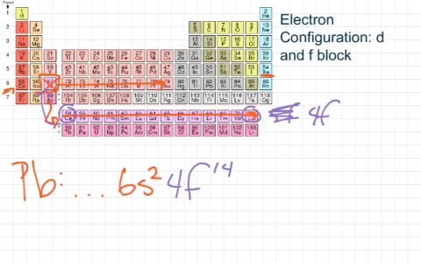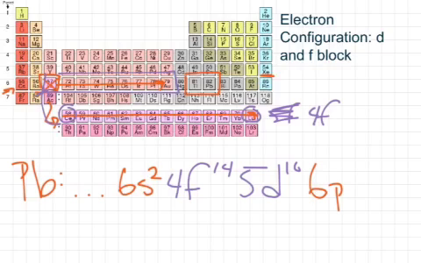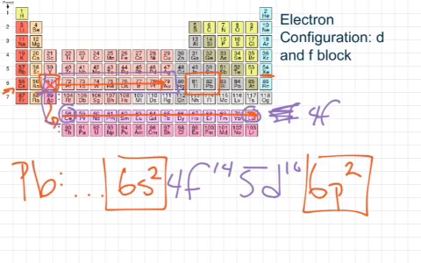Then we come back up to La and we're going to do La through gold, which is now 5d10. And then we get to finish with those last 2 electrons, which are back on their original energy level, 6p2. So these are the 4 electrons that would actually be considered valence electrons, but there's 24 electrons that come in between those 2 sets.